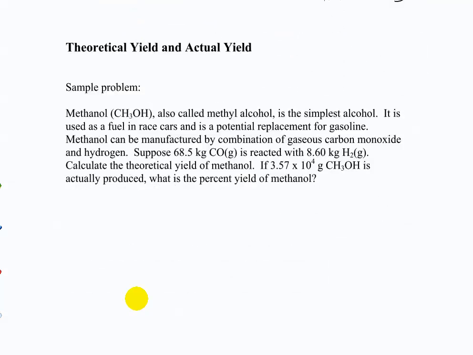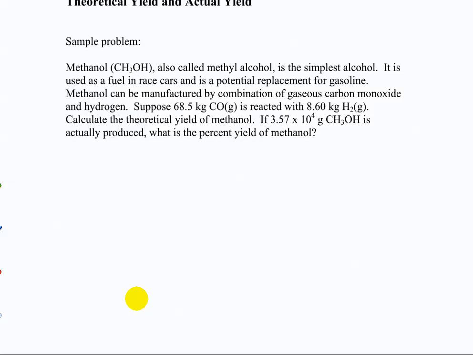All right, so to do a problem like this, you have to go through the same steps. You have to get the equation first. And the equation here is the manufacture of methanol from CO and H2. So you've got CO plus H2 yields CH3OH.